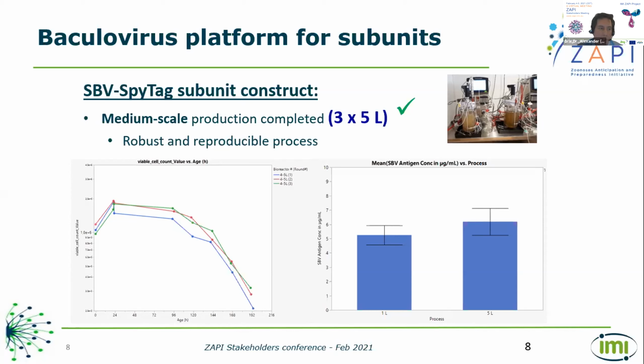However, as already mentioned before, and that was true even after further optimization, the medium scale yield was still very low. You see here initial results in the 5 liters less than 10 micrograms per milliliter. That's in the range of baculovirus, but it's low and it's also about 10 times lower than what we would have liked and expected actually.